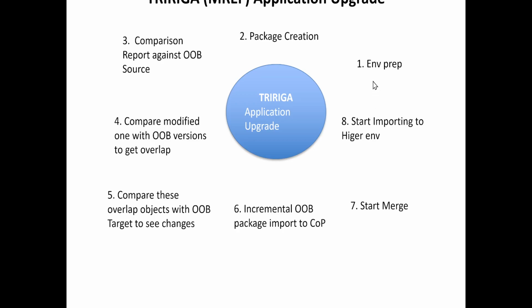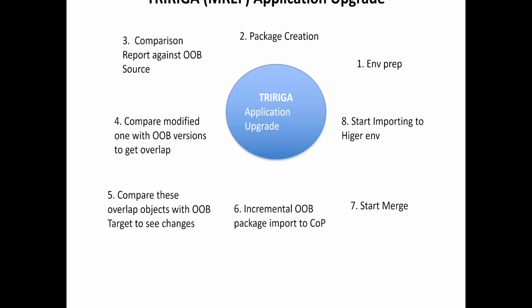The very first step is to prepare your environment. At a very minimum, we should have three environments. One is the out-of-box source. Let's say your TRIRIGA environment is at 10.8, 3.8 version; then you need an out-of-box source environment reflecting that specific version.